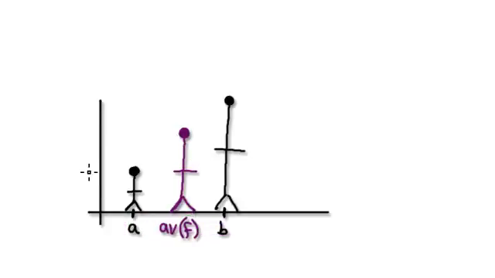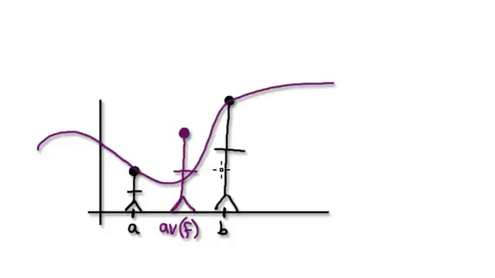So, for example, if you have a continuous function, something like this, somewhere in between A and B, there exists a point C. So in this case, it's right here. There exists a point C where our average height lies.